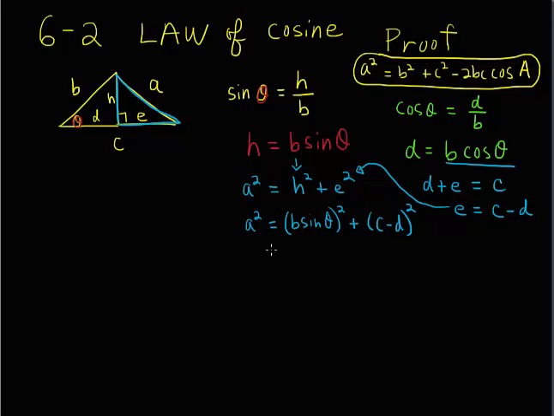So here what we're going to get is a squared is equal to b squared sine square theta plus c minus b cosine theta all squared.